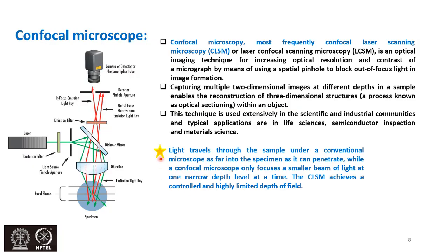Another type of microscope is the confocal microscope. It is also called a laser confocal scanning microscope, because scanning means we are not focused on the entire area, since we are using a laser here.